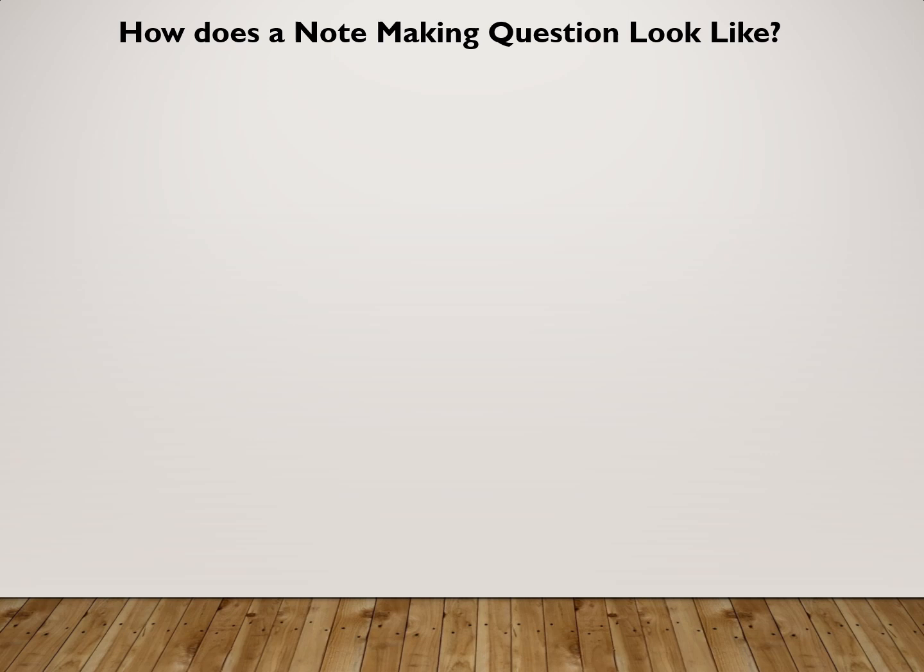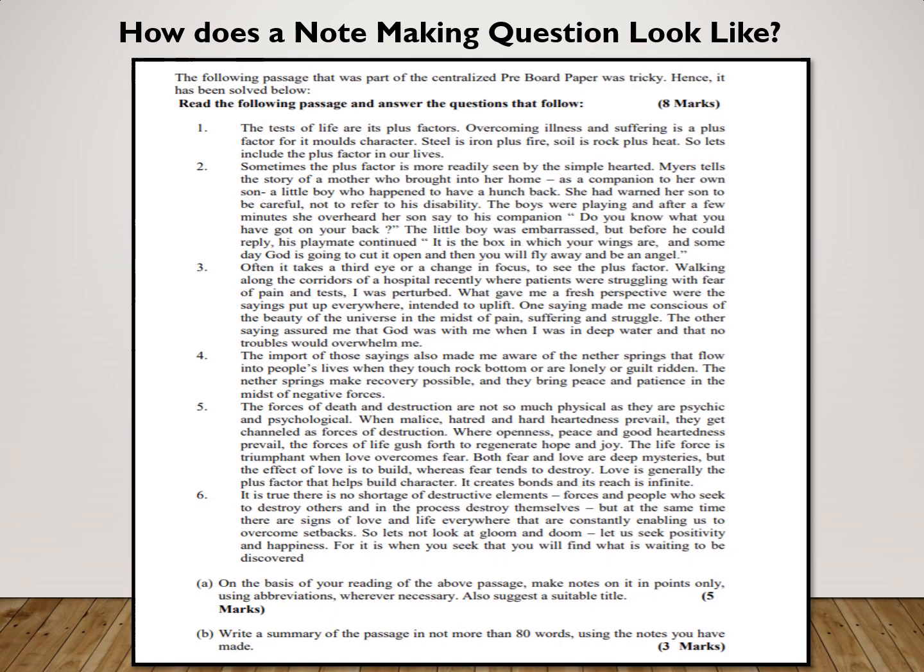So, what does a note making question look like? In the exam paper, this is how it will appear. You will have a passage of some 500 words, and after that passage you will be asked to answer two questions.